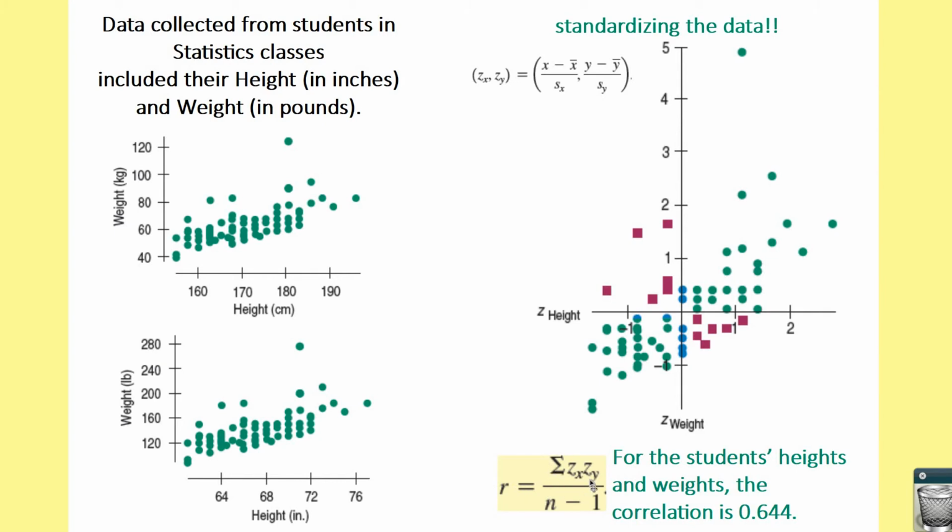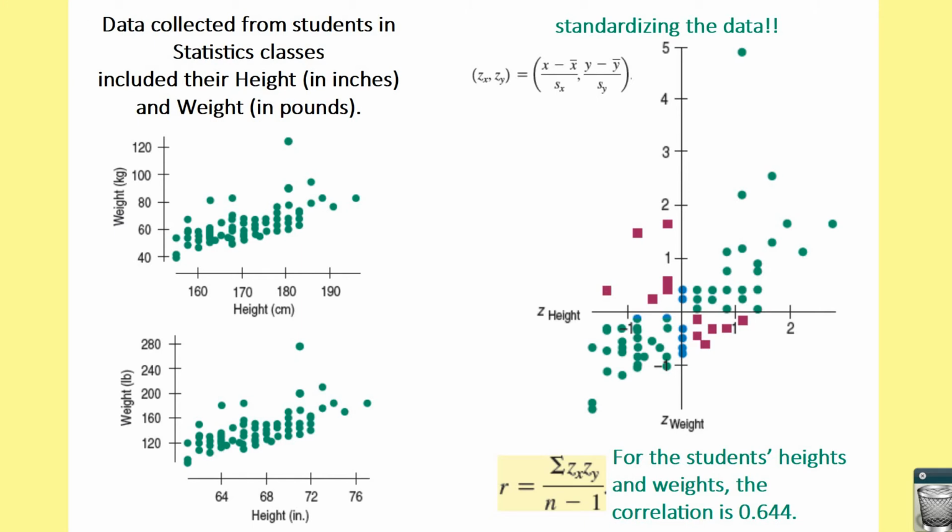So it's when we add up all of the products of those z-scores, and then we divide by, well, in what we do in statistics, n minus 1. So you're basically taking the average. Yes, just roll with me on n minus 1. It's just what we do. We'll get to it later. So let's do an example that might help with this.